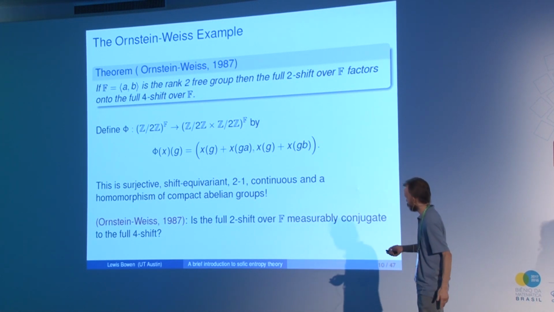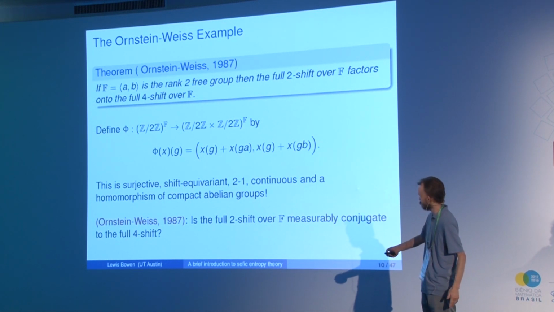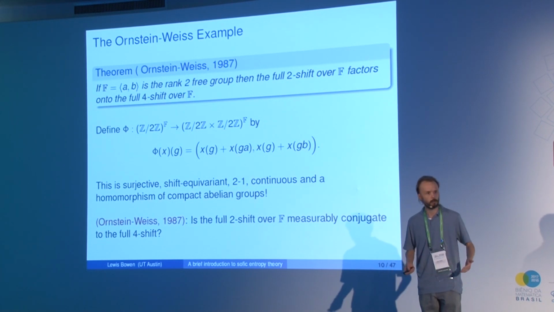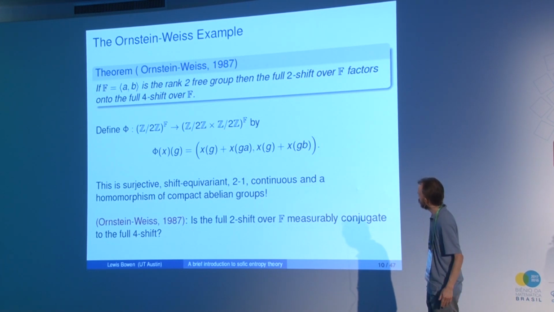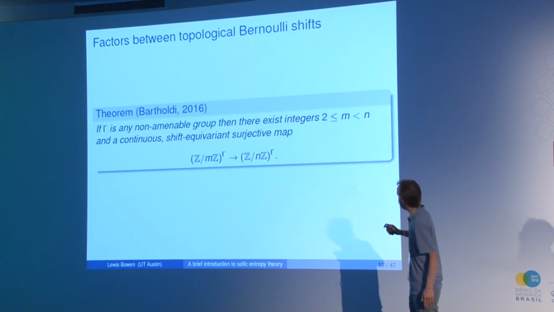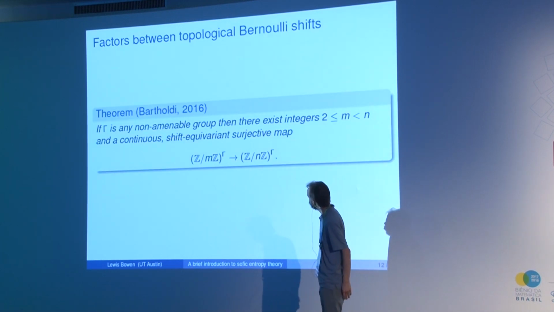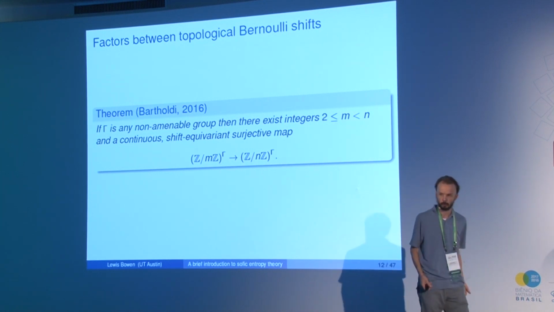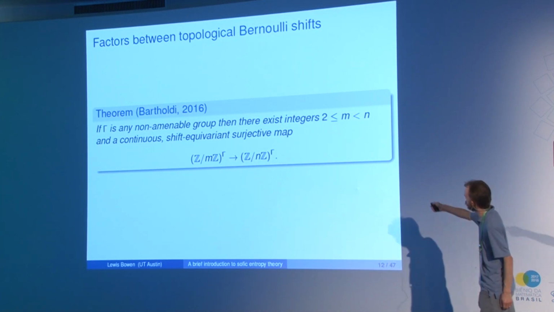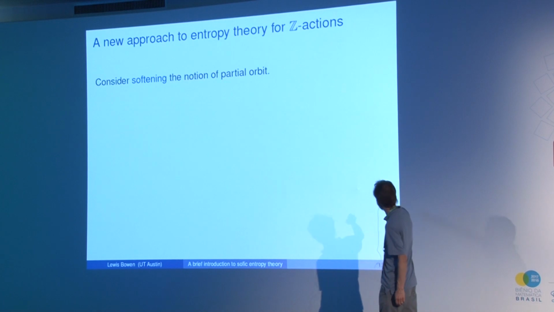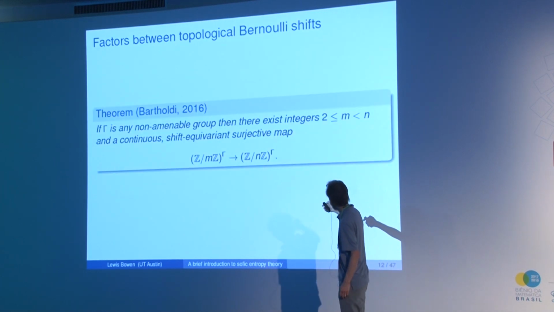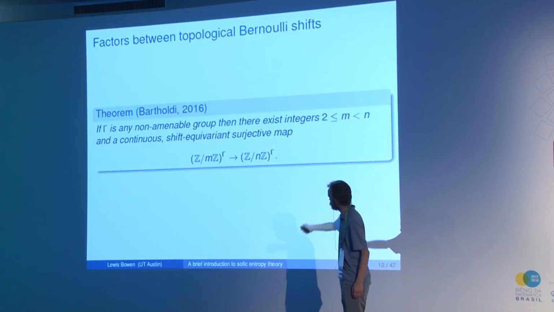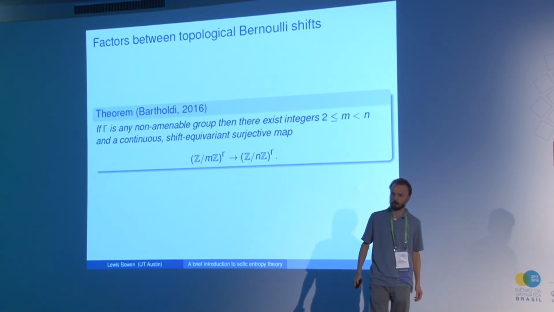And so this remained an open problem until 2008, when a more recent result by Laurent Bartholdi showed that, in fact, this phenomenon extends to any non-amenable group. If you have any non-amenable group, there are integers m strictly less than n, and a shift equivariant continuous surjective map.